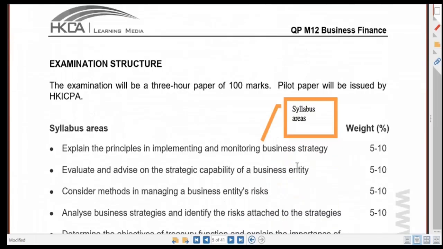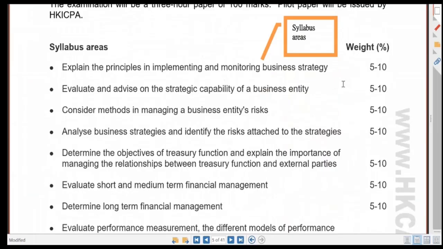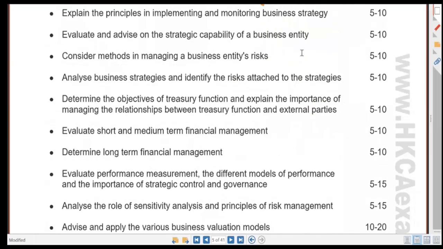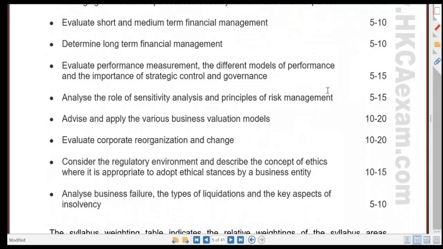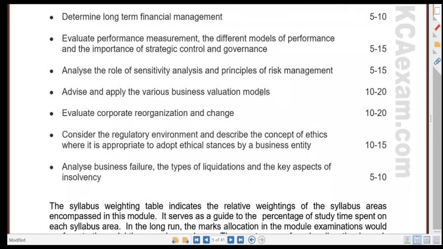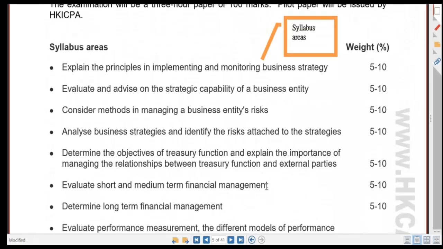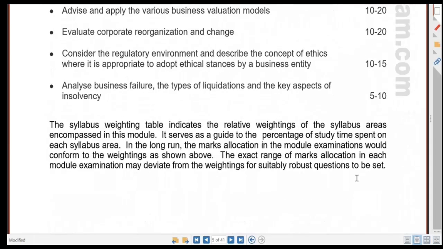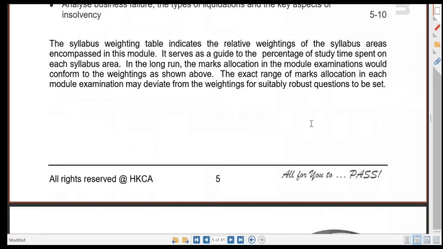Now the syllabus weightage breakdown: 5 to 10%, etc. You can see that 10 to 20% on valuation and reorganization, these 2 should be relatively more important, plus maybe the regulatory environment. The rest is basically 5 to 10%, so added up should be 100%, plus or minus.